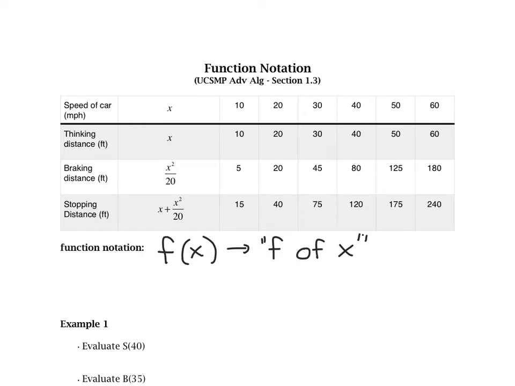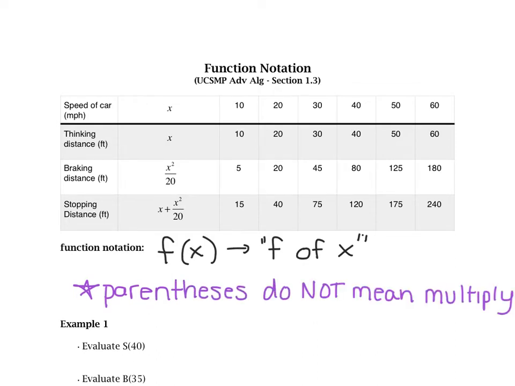So the big misconception I always get with this kind of symbol is people see parentheses and immediately want to think multiplication. In this case, parentheses do not mean multiplication. So that's a really big takeaway. And sorry, my handwriting will get better on this as the year goes on. It gets a little rusty every summer.